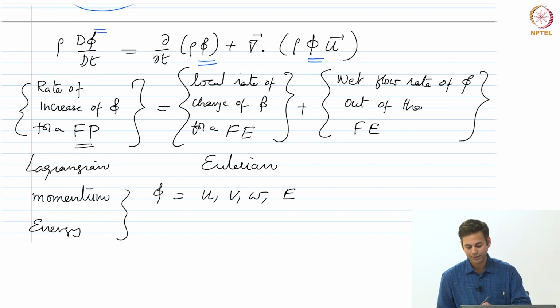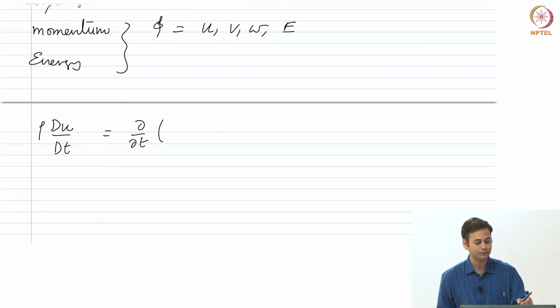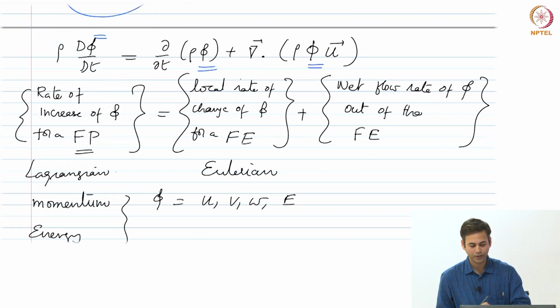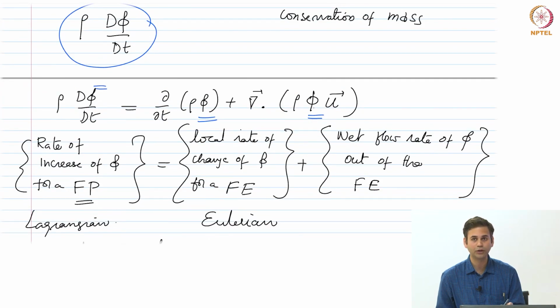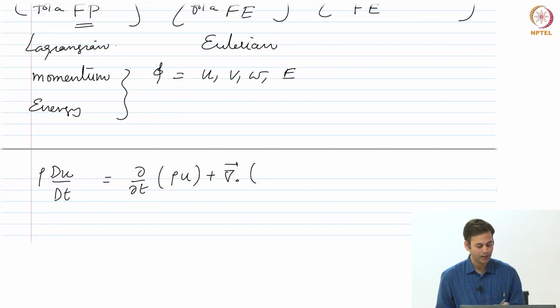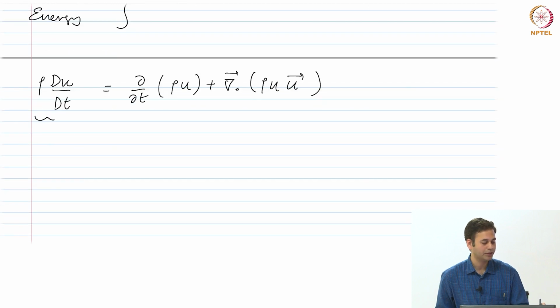So essentially this gives us partial t of rho u, plus del dot, what do we have here? We have rho phi u bar. So, replace phi with u. So, this would be rho u u bar. That would be your rate of change of momentum in the x direction for a fluid particle in the Lagrangian approach, as dictated by Newton's second law, and on the right hand side what we have is the same quantity in an Eulerian reference frame.